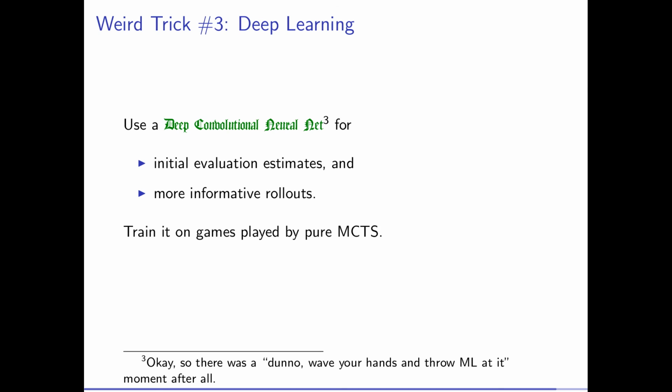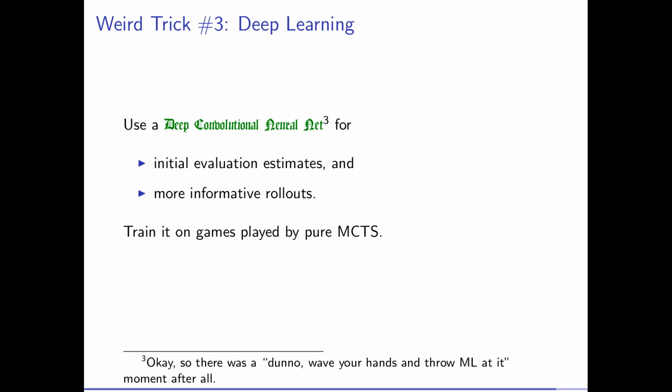So this is going to be a guess about, if Monte Carlo tree search had a lot of time to think about it, what move would it pick? And use that information to bias rollouts and get better quality information from each rollout. So this improves the initial estimate, and it improves the rate at which the initial estimate improves per rollout.